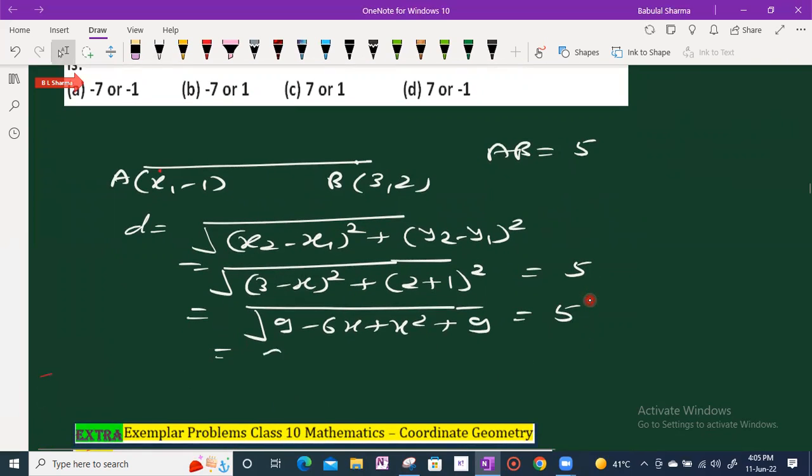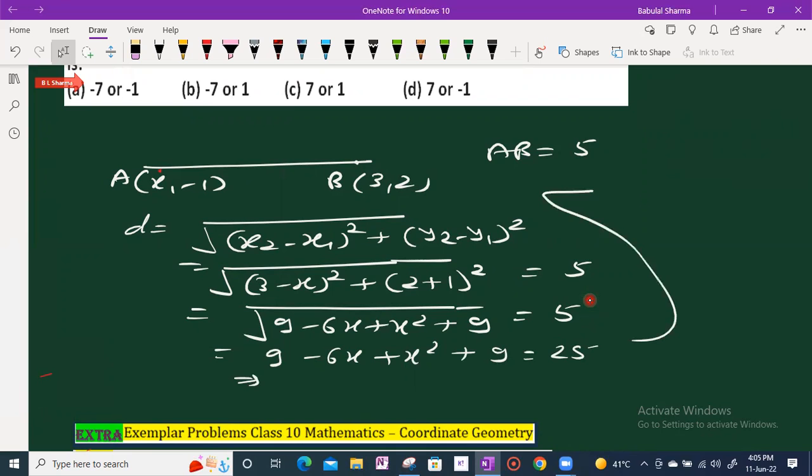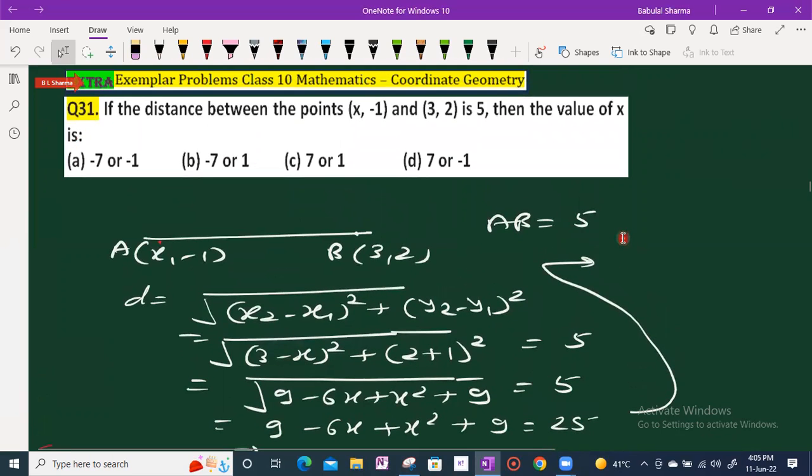When we square both sides, then 9 minus 6x plus x square plus 9 is 25. So here the equation is x square, I'm taking this side, so x square, I can write here minus 6x, 9 and 6, 15.